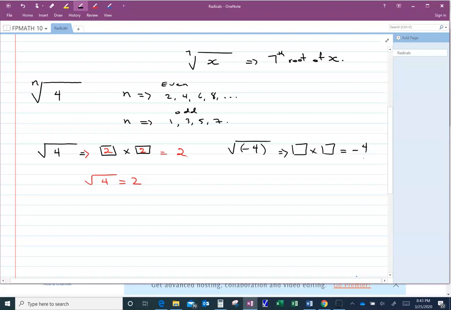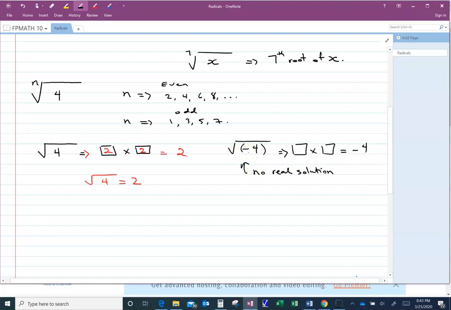You can see that the only way this is possible is if one of these two numbers is negative and one is positive, and that's not possible. For this reason, in the context of this course, we say that there is no real solution to an expression like the square root of -4.